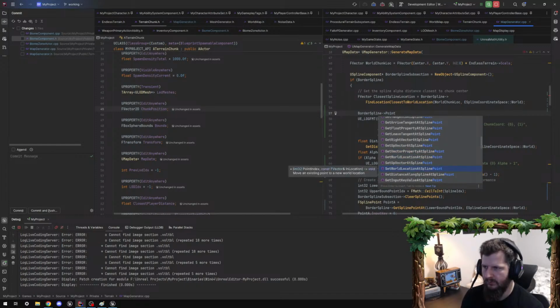I want to get a point. So I don't think find location closest to world location really returns a point. It just returns a location along the spline. So I want to turn that location into a point.